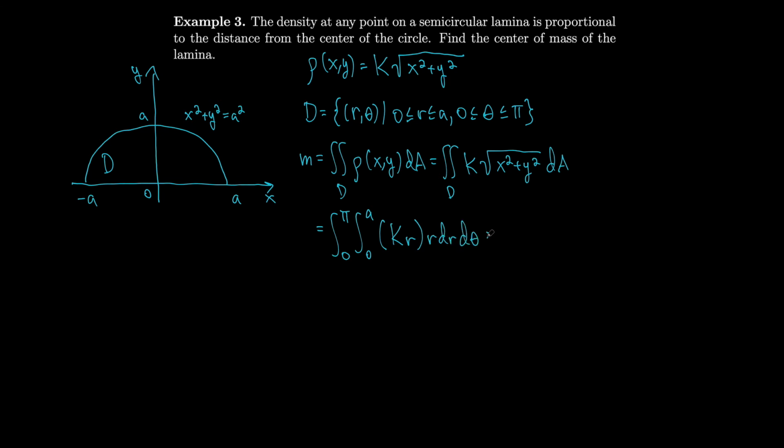So evaluating this integral, we can pull out the constant k. Notice that we have functions of r separate from functions of theta. We just have r squared for the function of r. We have just d theta.